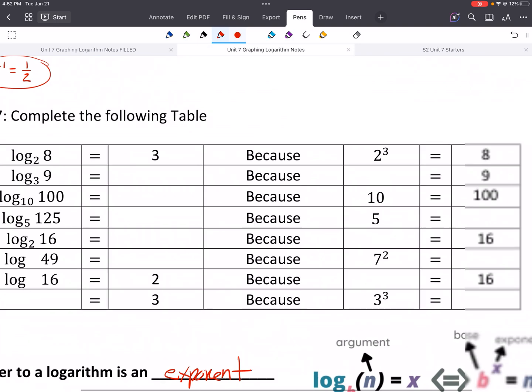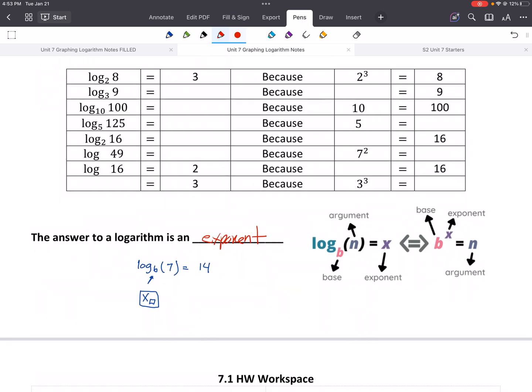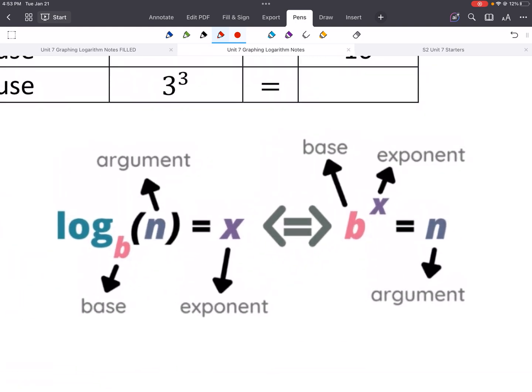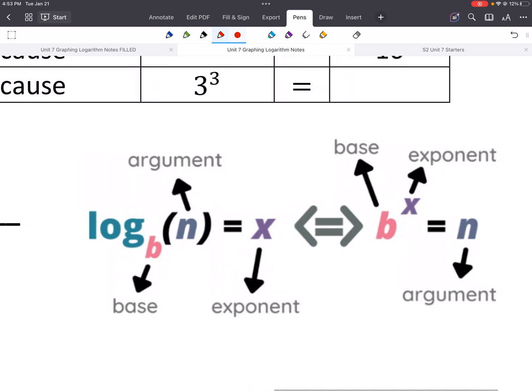If you want to give this a try, you're welcome to do it. It'll be filled in on the filled in notes, but you do not have to do that, just if you want some extra practice. And this will be helpful when you get to the first part of the homework.